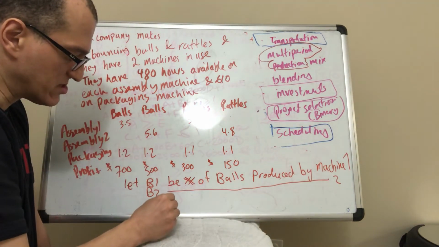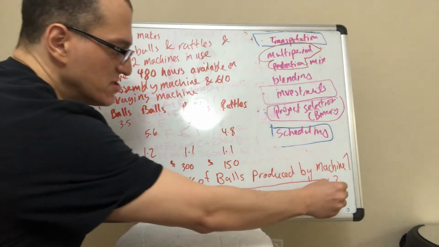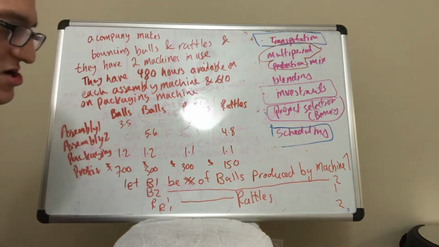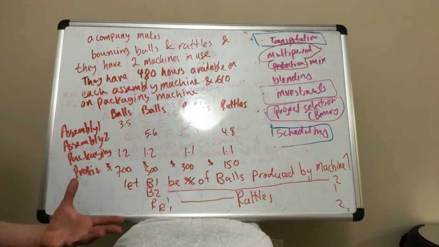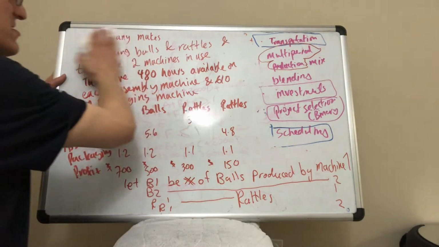R1 and R2 number of rattles produced machine 1, machine 2. So altogether, there are 4 variables. So we started with naming the variables.